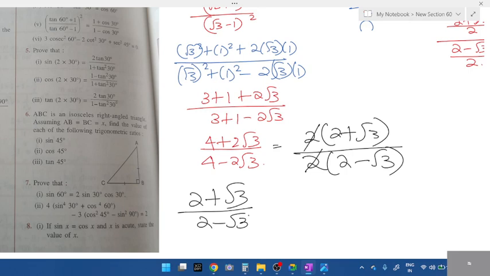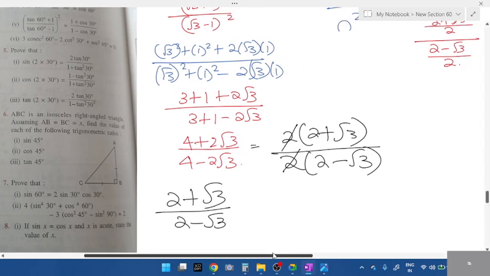Right hand side we'll prove. Right hand side we'll see whether you get the same value. So left hand side we got a value.